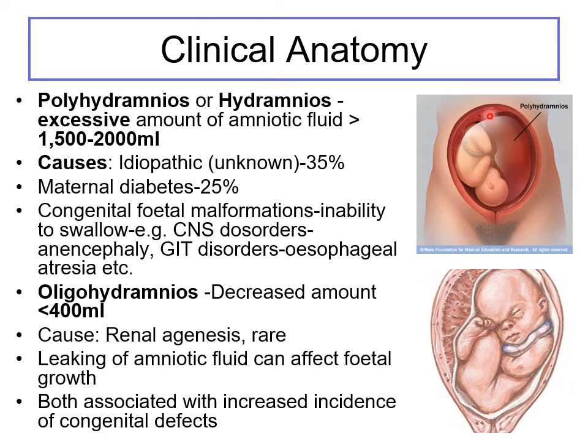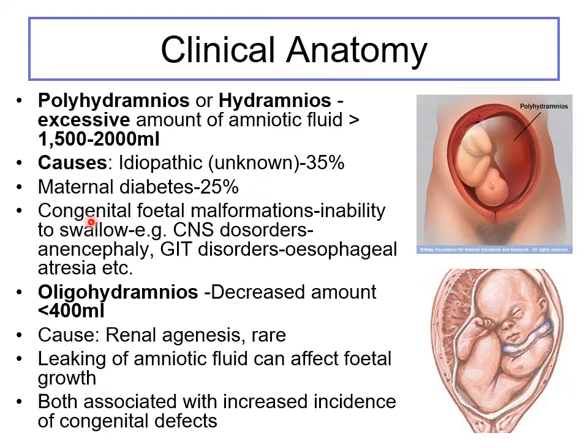Now, you know that a pregnant mother undergoes routine antenatal checkups, so she will undergo ultrasounds, and this can be detected during pregnancy. In 35% of cases it's still unknown why some women have excess amniotic fluid, but it's definitely associated with maternal diabetes, also gestational diabetes. These are maternal causes.